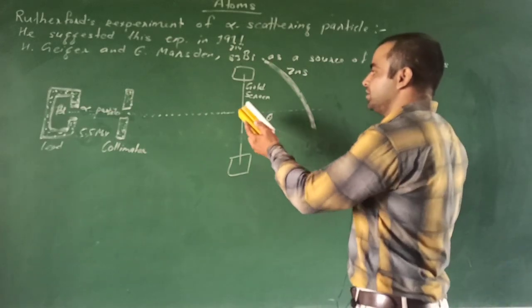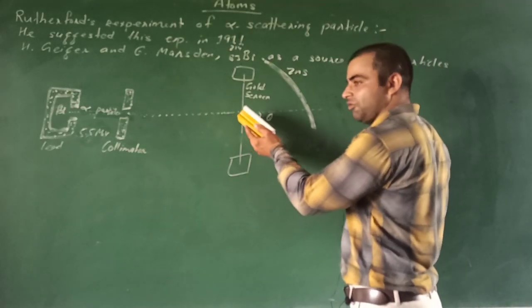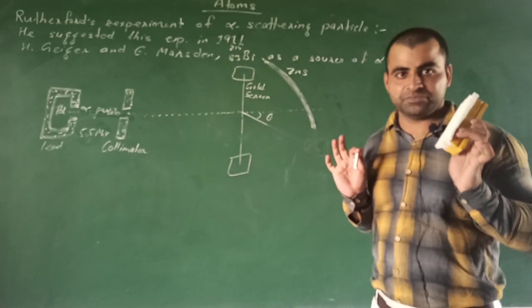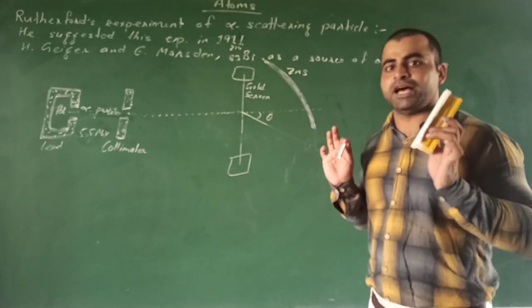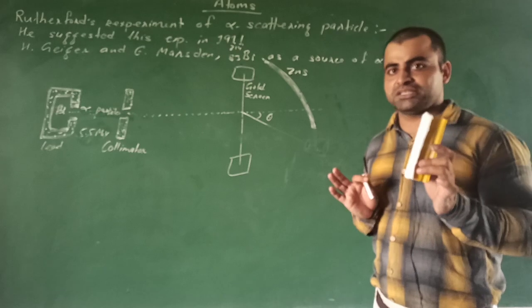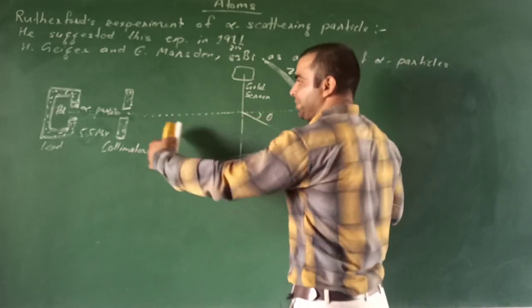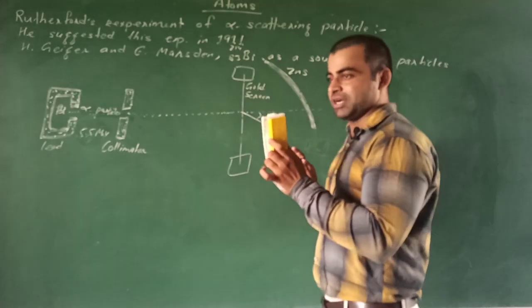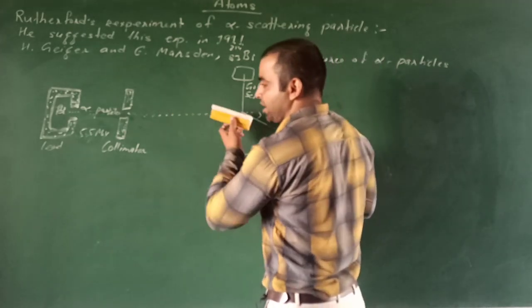A very small number of alpha particles were deflected at a very small angle, and about 1 in a million alpha particles was deflected back, meaning one of the millions of alpha particles retraced its path.